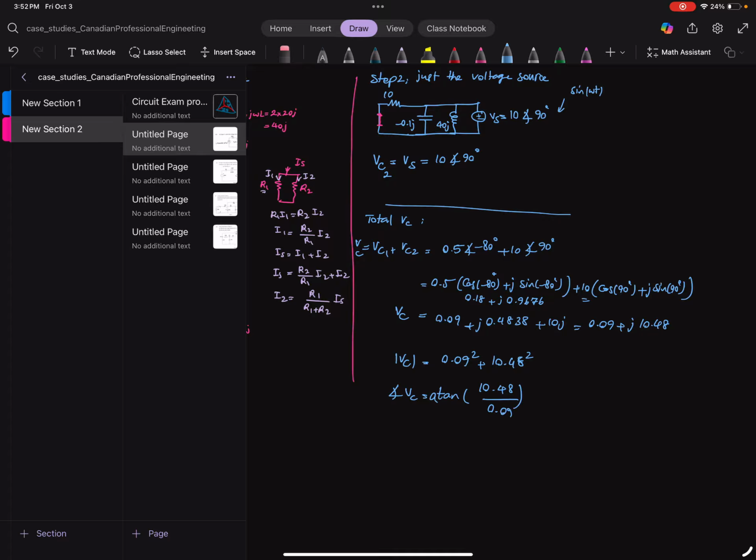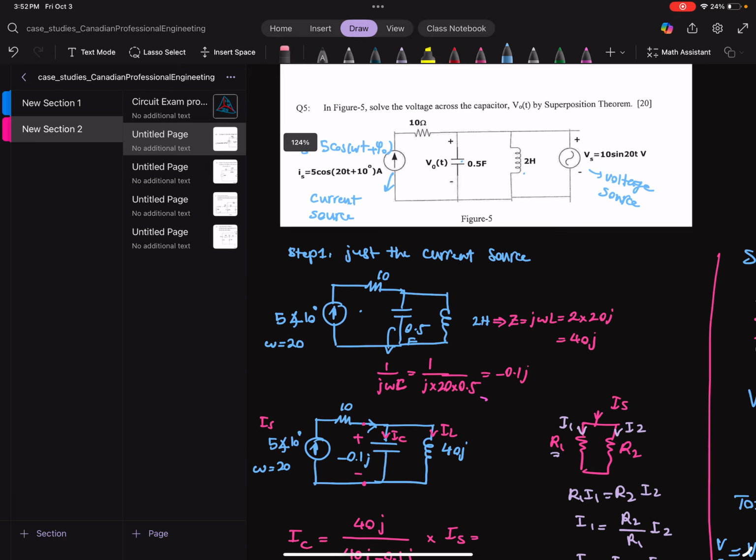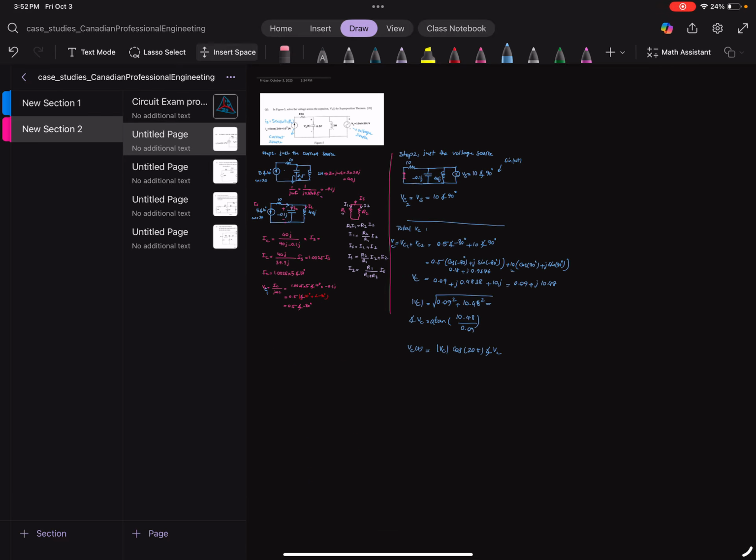And then when you solve that, you can say Vc(t) is going to be the amplitude of VC cosine of 20t, plus the phase of VC, just like we had it here.